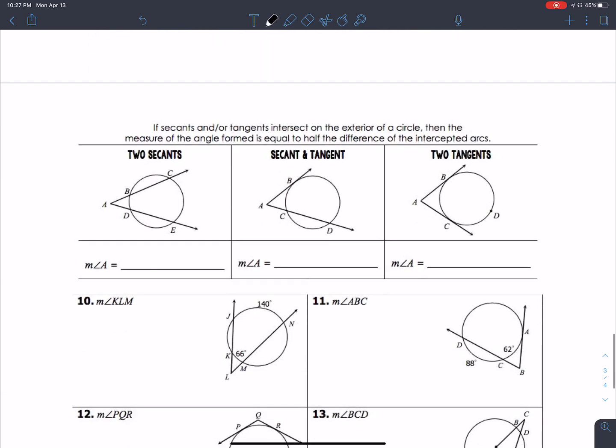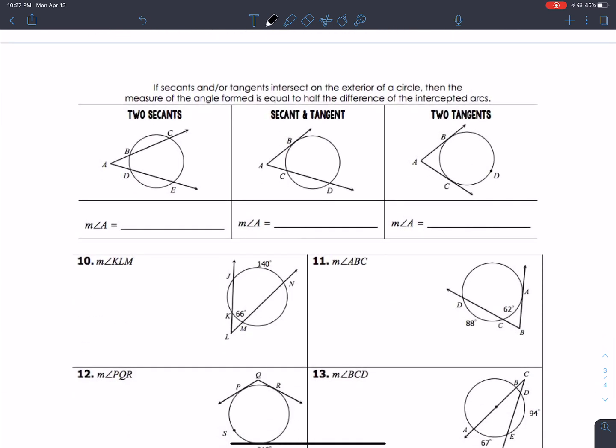All right, so then if we have secants and tangents, we do arc minus arc. So this one's going to be half CE minus BD, or half of it. Same thing, just bigger.